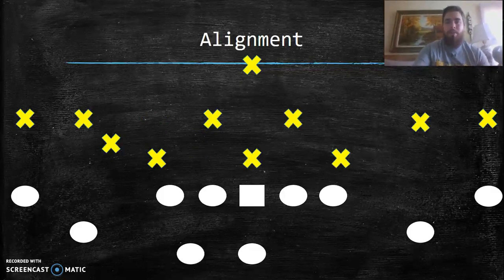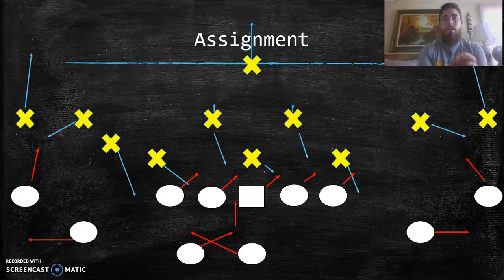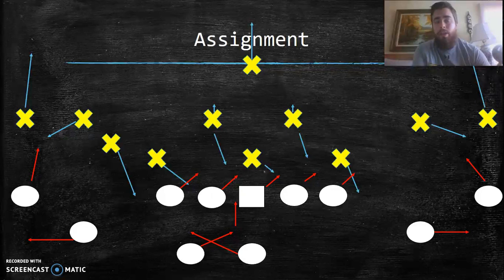So here's our assignment. So we're assuming I'm going to have cover 3. And so I'm going to have my deep safety, deep middle. My corners are going to bail. Not too much. They're going to bail. So the way that we do our zone, it depends on game film, what we've seen, what kind of routes they like to run out of this.